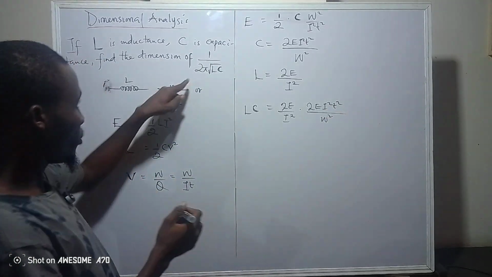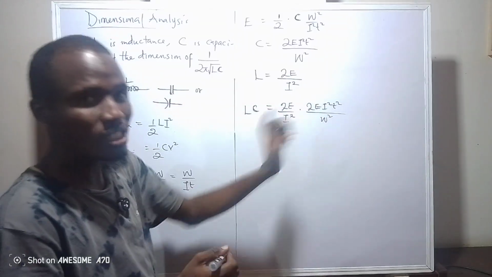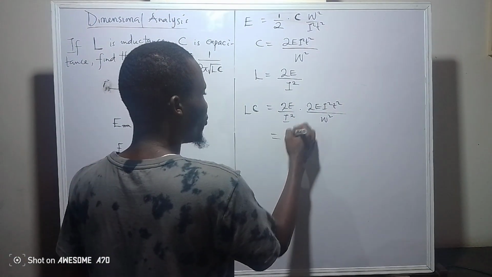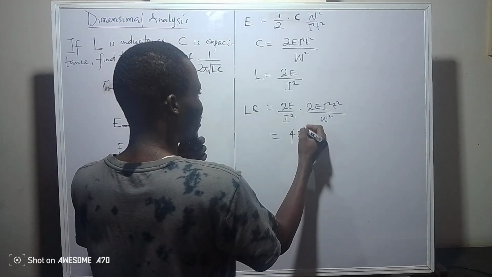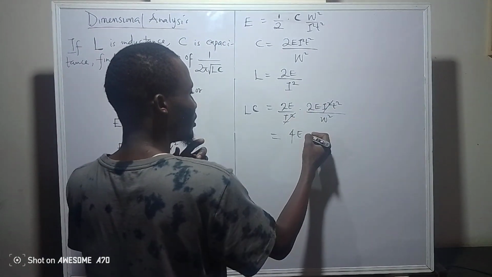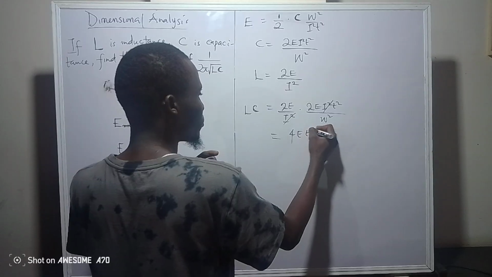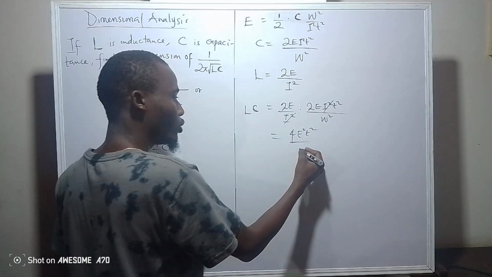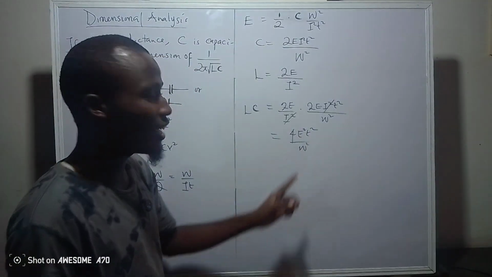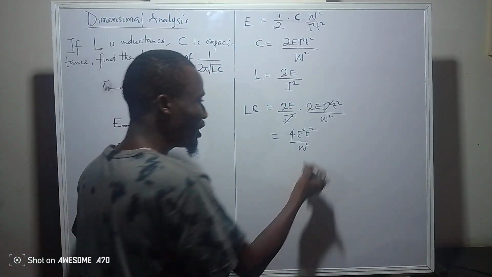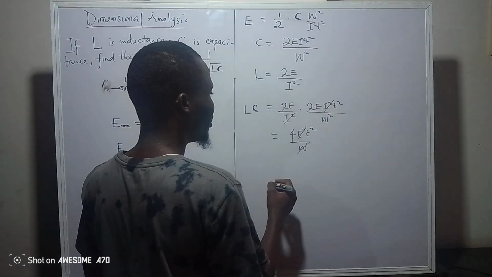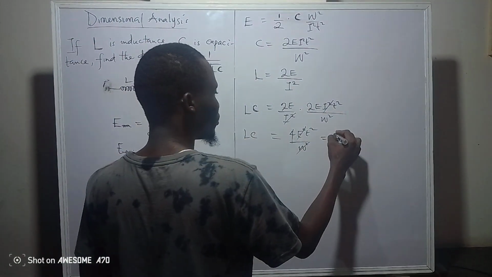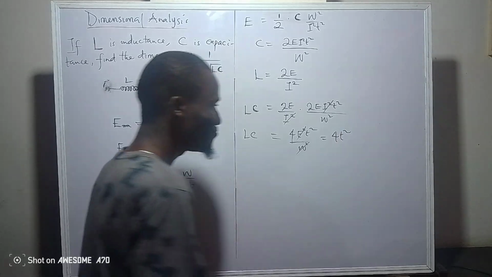That's just LC. We are still coming back to this, but let's work out this one first to simplify it. So in this case, what are we going to have here? We are going to have 4, this I squared should cancel out this, 4E squared T squared over W squared. Now recall, we said energy and work have the same unit. So they can actually cancel out. So in that case, our LC is just 4T squared.